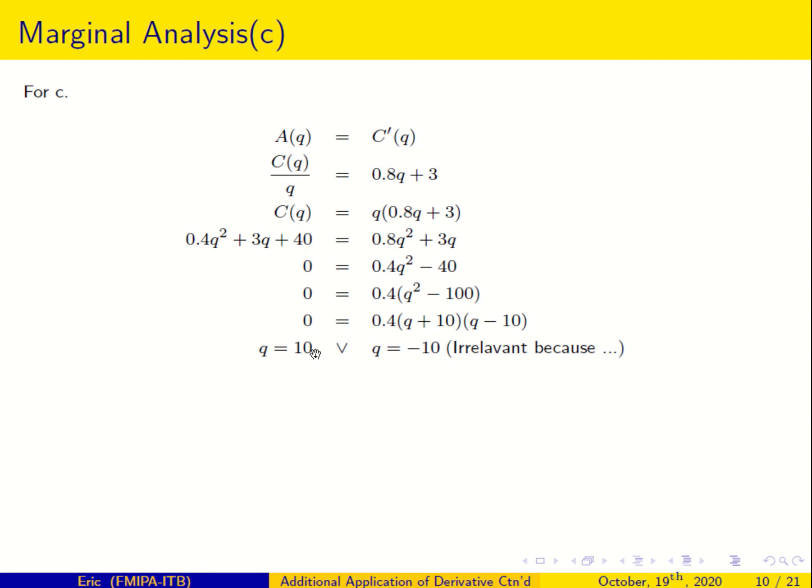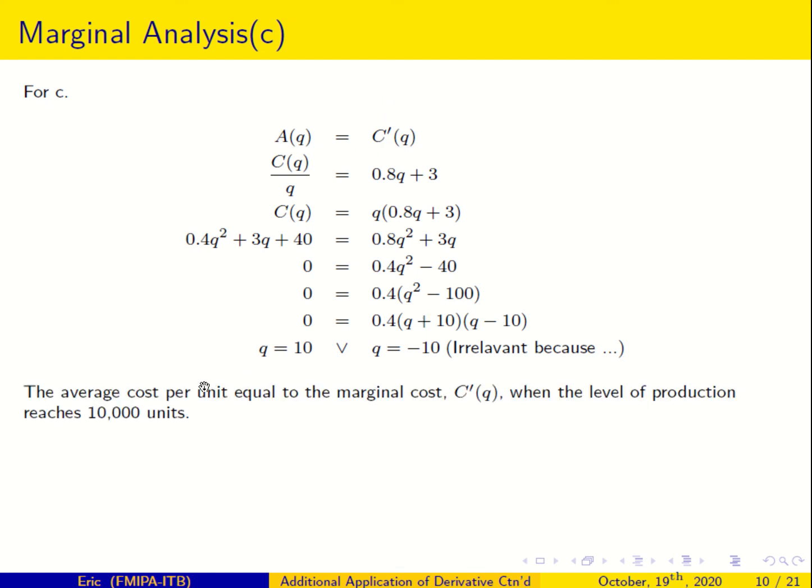So when Q equals 10 and Q equals minus 10, the average cost is the same as the marginal cost. And the average cost per unit equals the marginal cost C'(Q) when the level of production is 10. Don't forget the units are in 1,000 units. Then the answers to B and C are all the same.